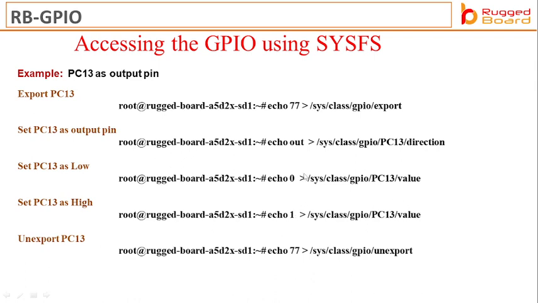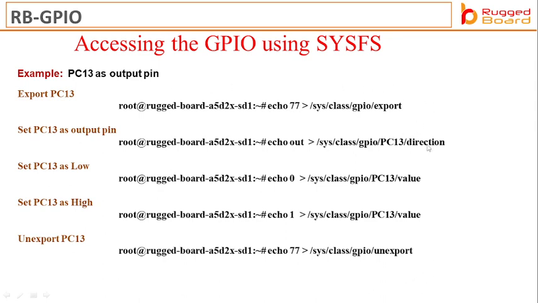By writing 0 or 1, we can toggle or blink that LED. If we want to unexport it, we echo 77 and redirect it to the unexport file in sys class gpio. Then the GPIO PC13 directory will vanish, that is, it gets unexported. This is the basic concept.